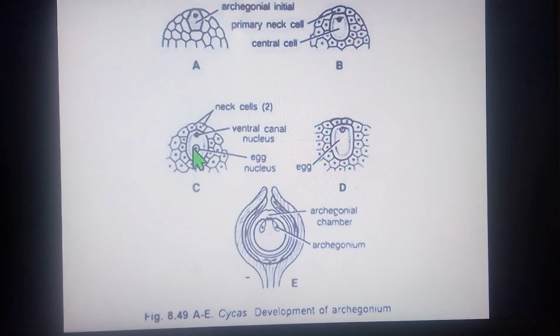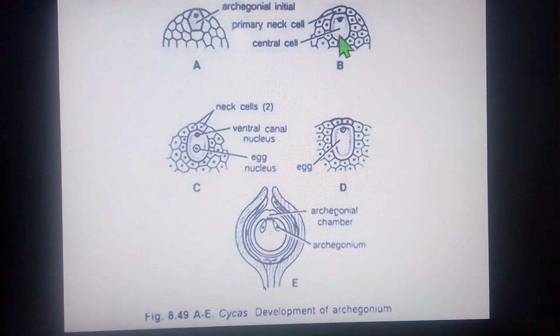Now what happened just before fertilization? The nucleus of the central cell will divide by mitosis to form a small ventral canal nucleus.